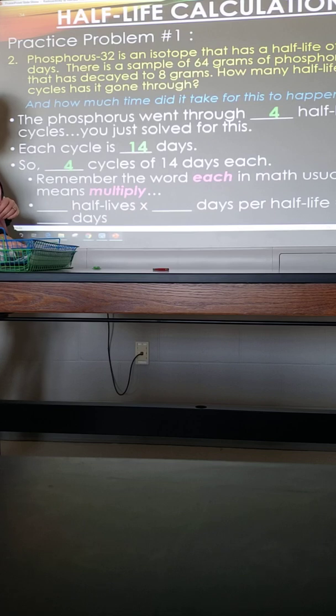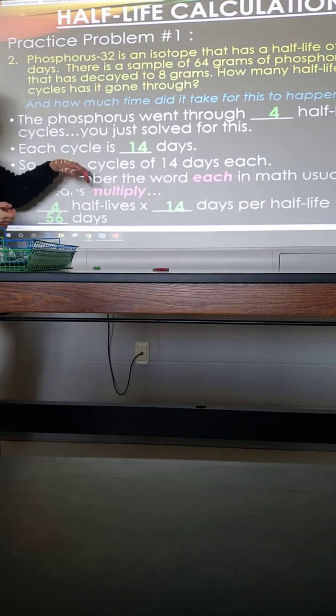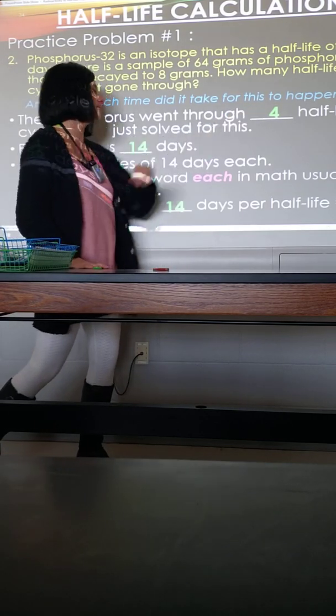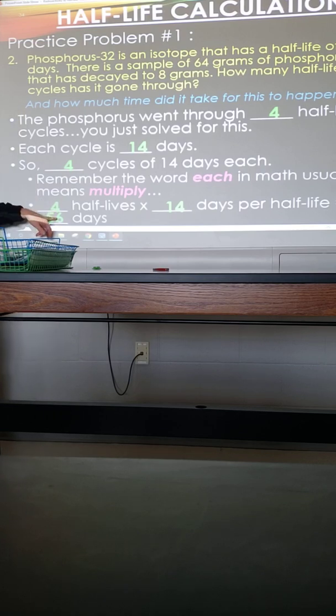So 14 times 3, 3 half-lives times 14 days is going to give us 56 days. So it took a total of 42 days, thank you. It took us a total of 42 days. So again, I apologize. This is 3, this is 3, this is 3, and this is 42.